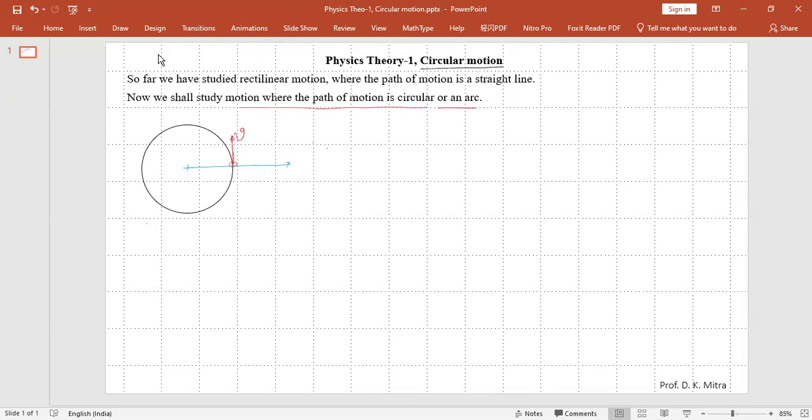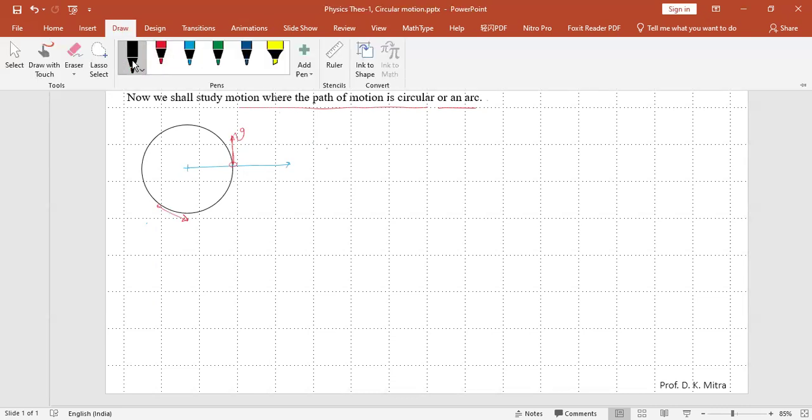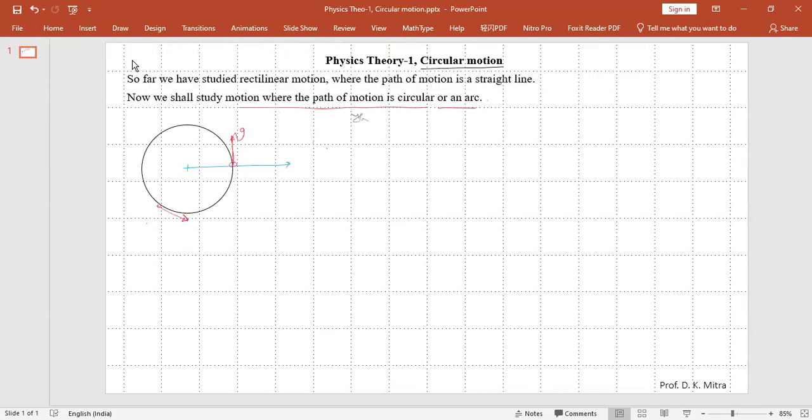If it is here, then also the velocity v is tangential. So first we must remember that the linear velocity, normally called v, is always tangential to the path at that point.